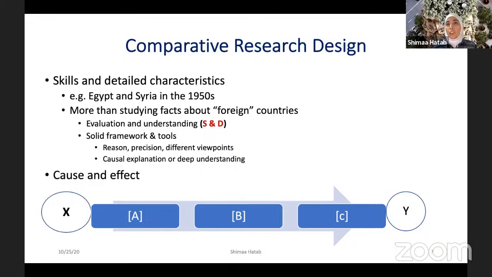And this is essential: in your methodology course, you will learn how to deal with alternative explanations. I'm going to explain this shortly. If you remember, when we control some variables, you can control the differences between the Arab Socialist Union under Nasser here in Egypt and the Ba'ath Party.